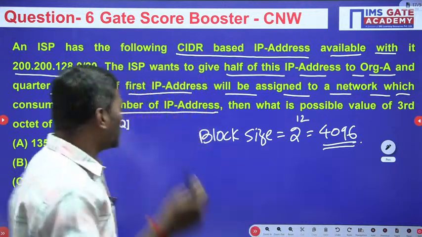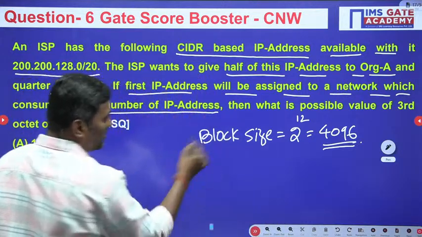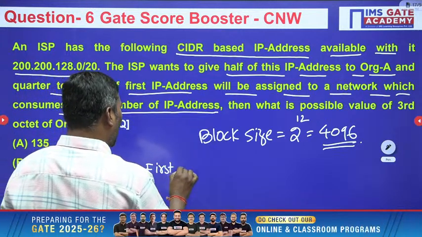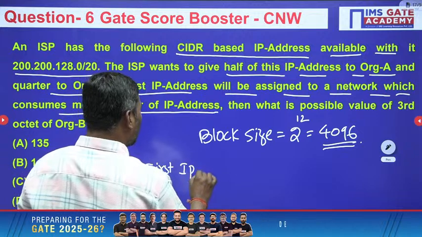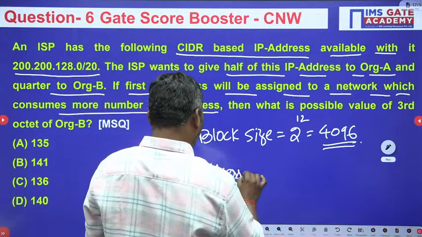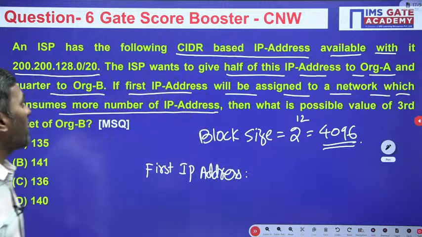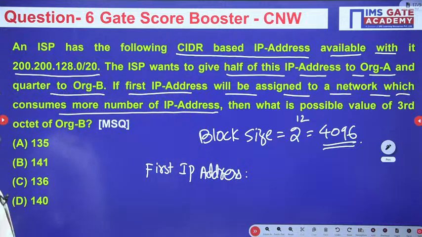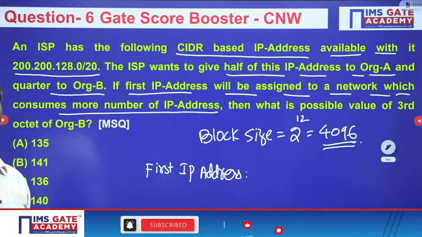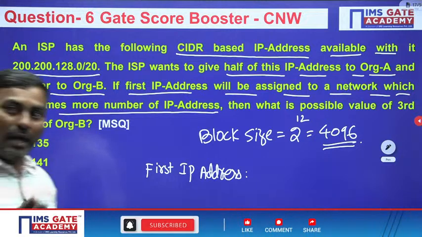Can you tell me the first IP address? Without solving this question, I am asking, what is the first IP address chosen from this block? All of you. IP, first IP.